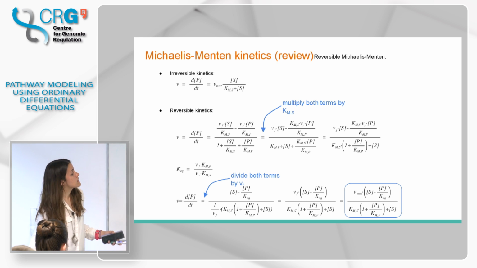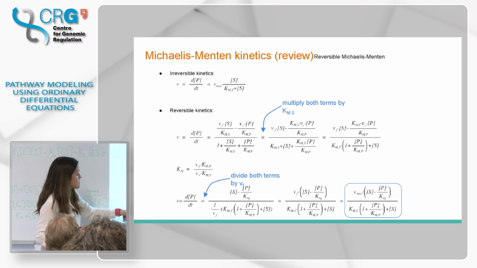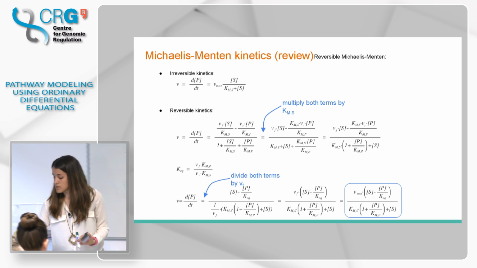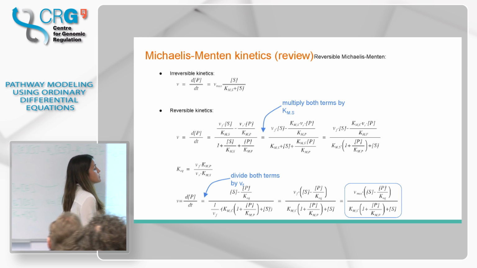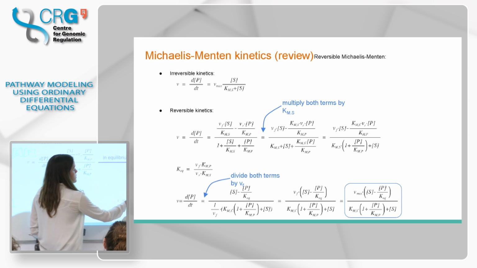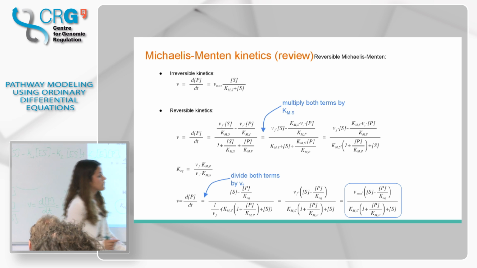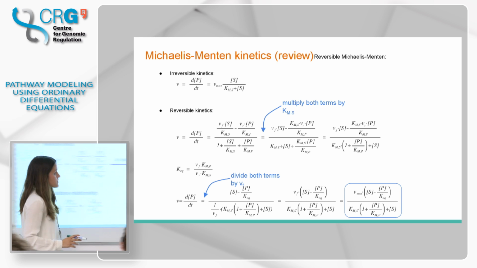So reorganizing this equation that we have here with this equilibrium constant, we can get to this. This is more interesting because we are only measuring this forward reaction speed. We don't usually measure this reverse one. And we can introduce this equilibrium constant to replace this.